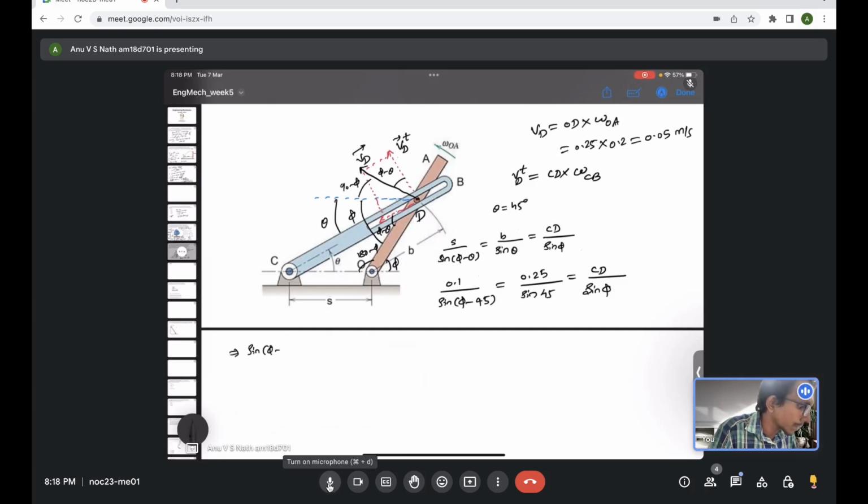sine of 90 minus 45 equal to 0.1 times sine of 45 by 0.25, which is, let me evaluate, which is 0.28.